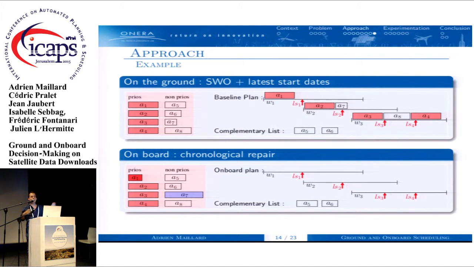Basically, the algorithm on board is just following this plan, and when it can add something because it's possible, it does it, but always by looking if it will not prevent any high priority observation from executing. So it really follows the plan. And here, for example, we have time before the beginning of A2, so we insert a new acquisition from the complementary list. I will skip the details because it's very simple, it's greedy, it's chronological.